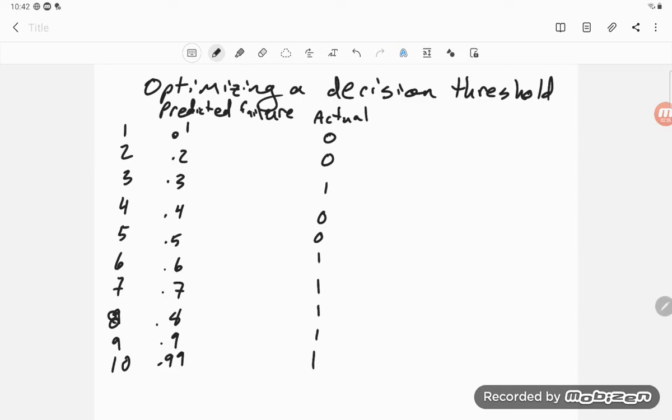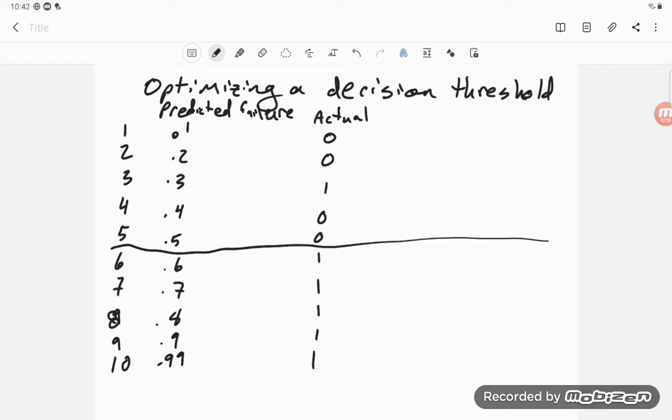Now, if we set our threshold, for instance, you might say, arbitrarily, maybe a good threshold is around 0.5. If we pick 0.5, and why 0.5? Well, it's halfway between 0 and 1.